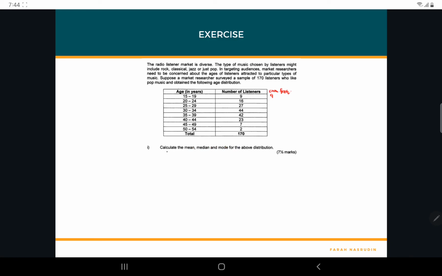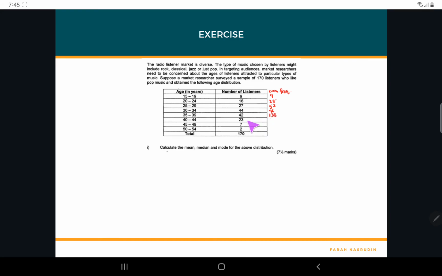Okay, and then 9 plus 16, 25. 25 plus 27, 52, and then 52 plus 44, 96. 96 plus 42, 138.